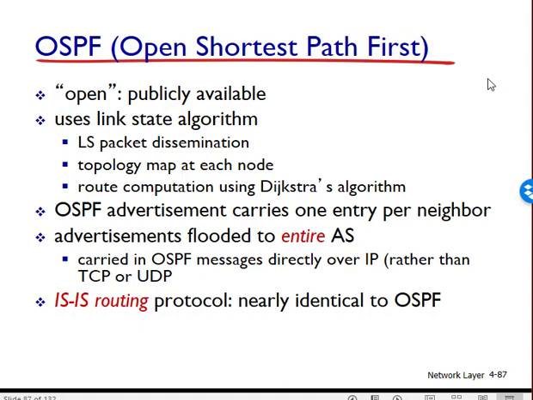With OSPF, a router constructs a complete topological map of the entire autonomous system. The router then locally runs Dijkstra's shortest path algorithm to determine a shortest path tree to all subnets with itself as the root node. Individual links are configured by the network administrator.